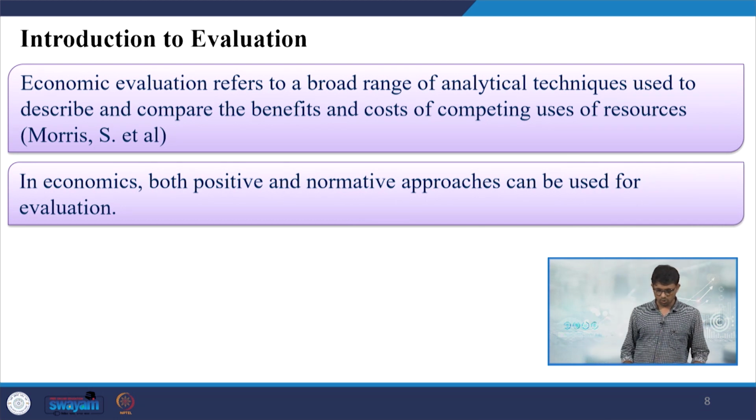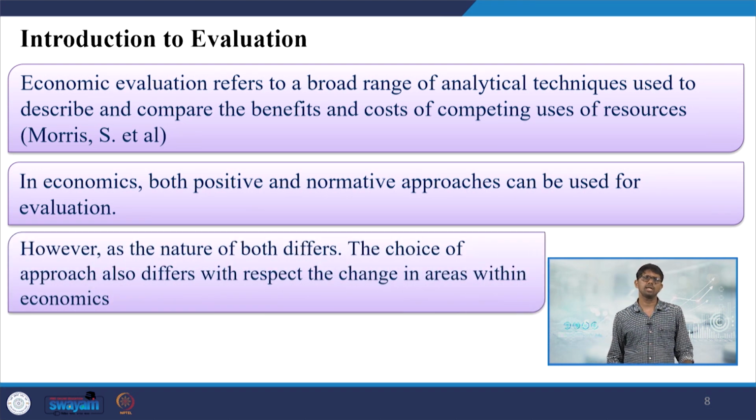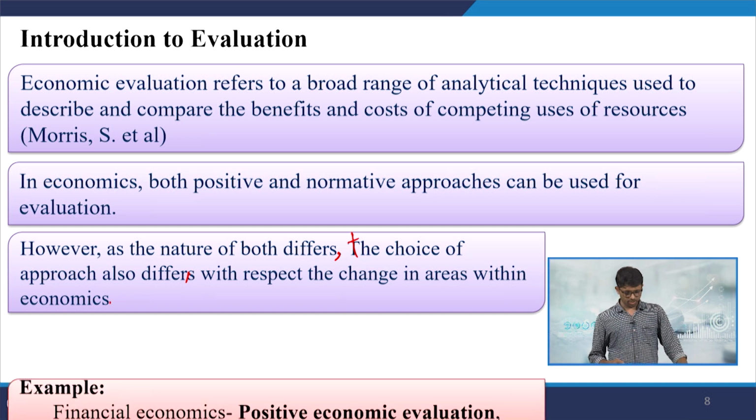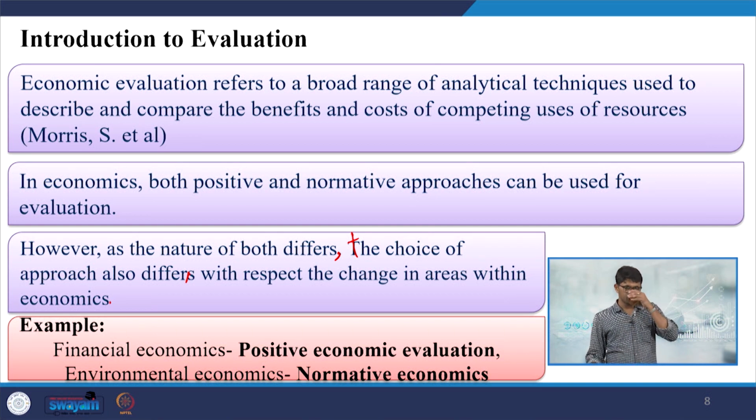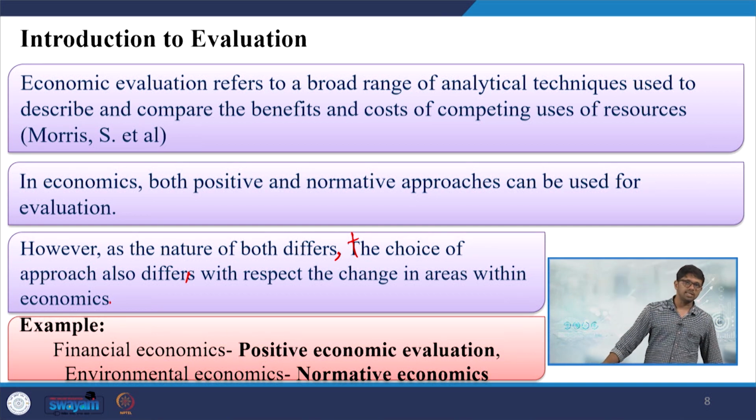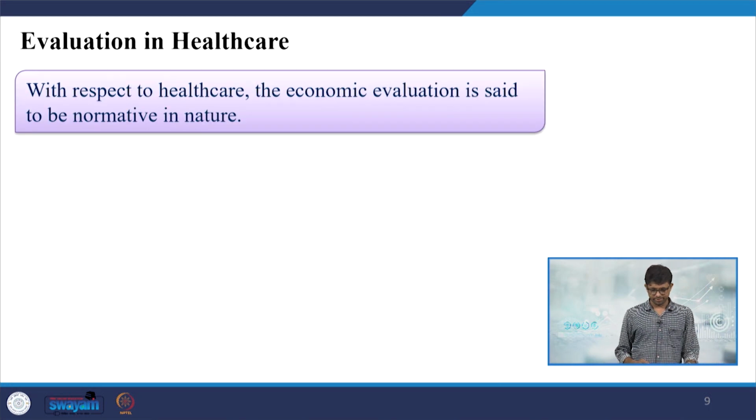In economics, both positive and normative approaches can be used for evaluation. However, as the nature of both differs, the choice of approach also differs with the area within economics. For example, in the context of financial economics, we usually take the help of positive economic evaluation, whereas in the environmental context we take the help of normative economic evaluation.